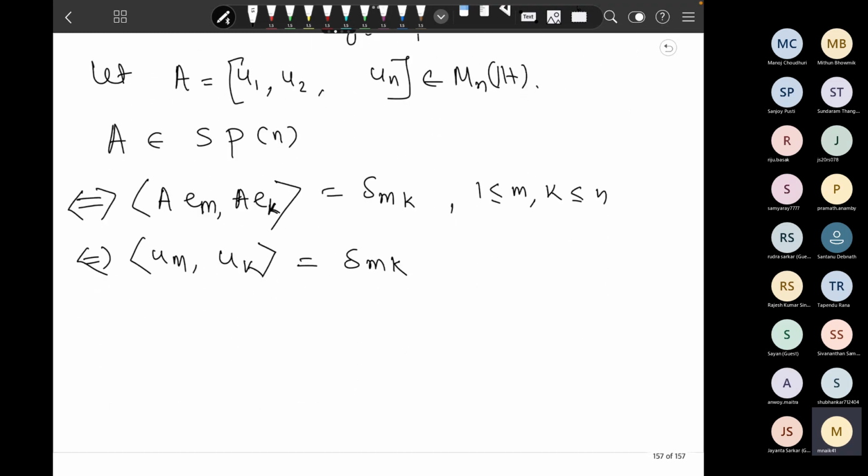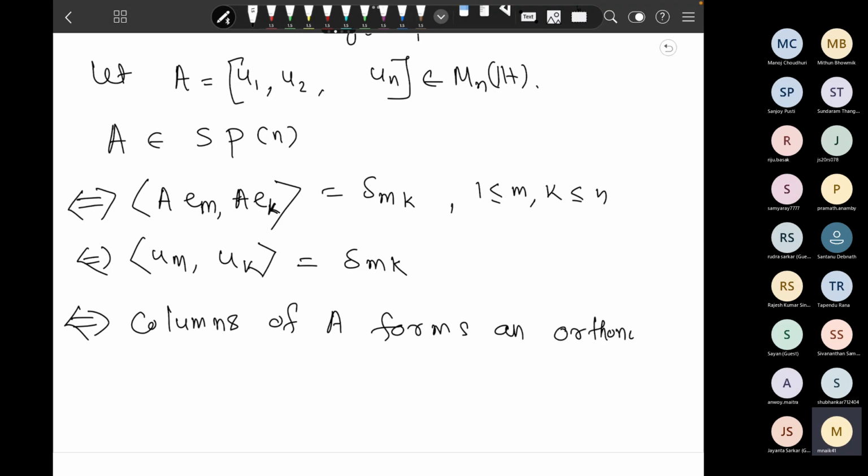So A belongs to Sp(n) if and only if the columns of A form an H-orthonormal basis for H^n. Okay, this is clear.